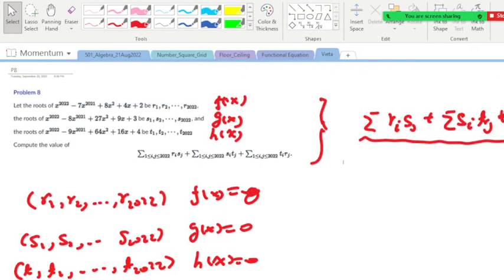But we need to think about what kind of polynomial can give us the r_i s_j, s_i t_j.